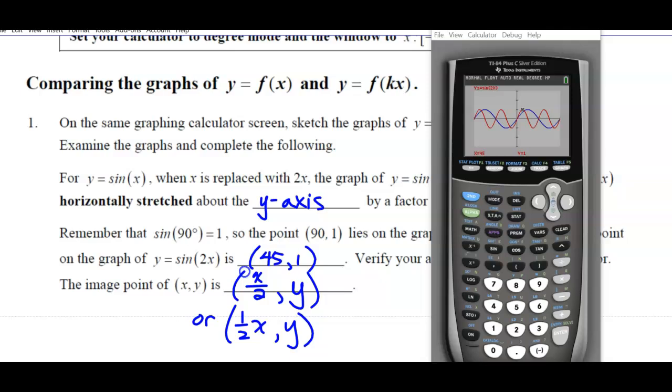If that factor out front, that coefficient, is bigger than 1, it's going to be compressed. Okay, so the result is compression horizontally. But we always use that same word. Horizontally stretched about the y-axis by a factor of whatever it is.